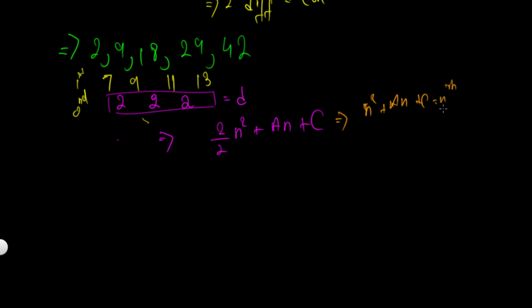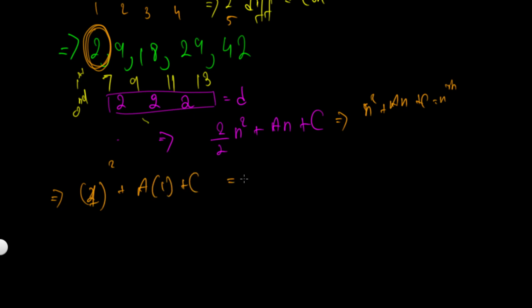We know that the first term of the sequence is 2. If I set up an equation for the first term, the value for n is 1, as in 1, 2, 3, 4, 5. So 1 squared plus a multiplied by 1 plus c is equal to 2, because 2 is our first term. Now you need to set up two equations.